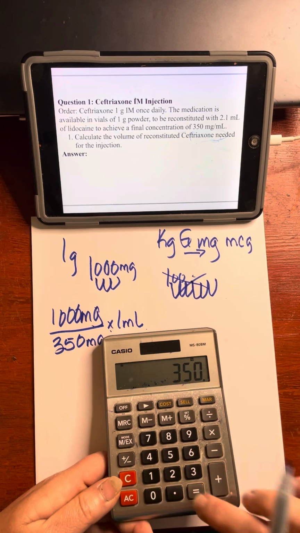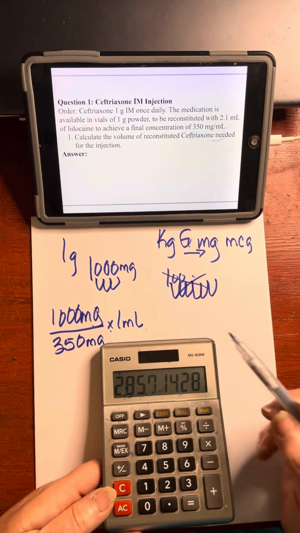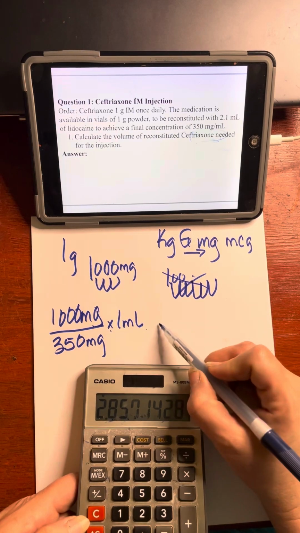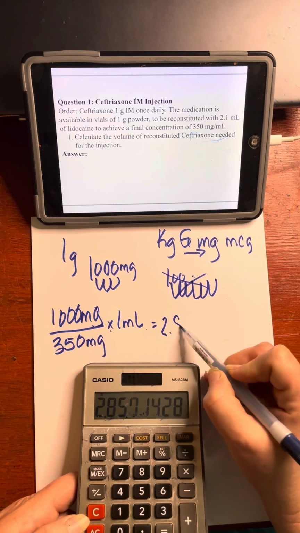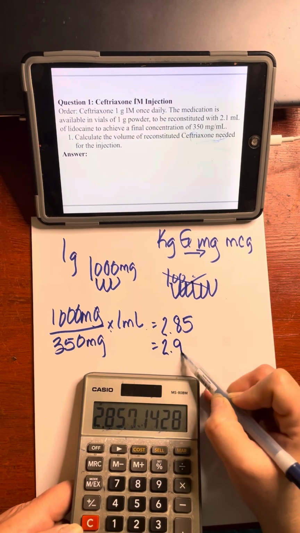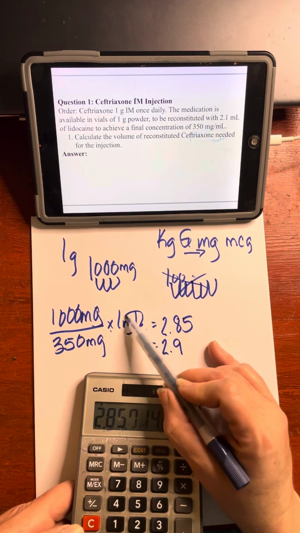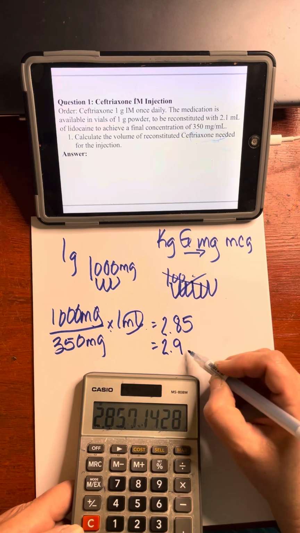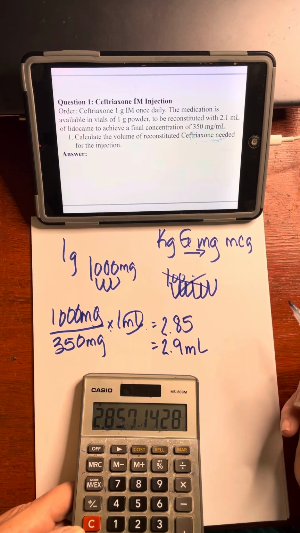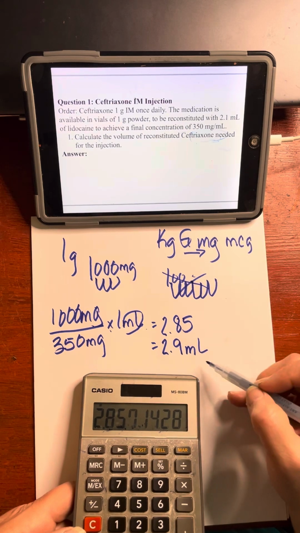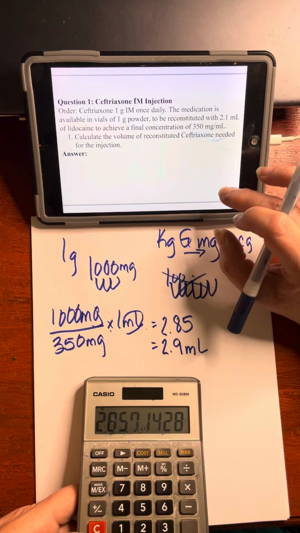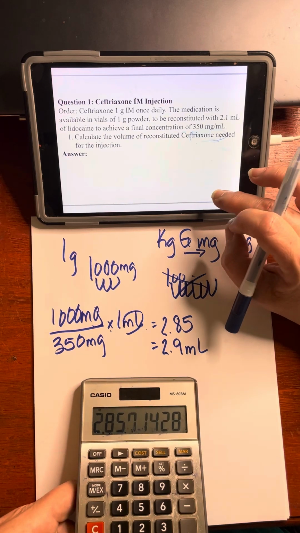And I quit cussing one cuss word at a time, and I'm on the S word, and I say dookie fart, and it works. So it would be 2.85, and then that would be 2.9. Whatever you tacked on right there, you're going to grab it and put it down here. 2.9 milliliters. You can draw up 2.9 milliliters in a 3cc syringe. And so, there you go.